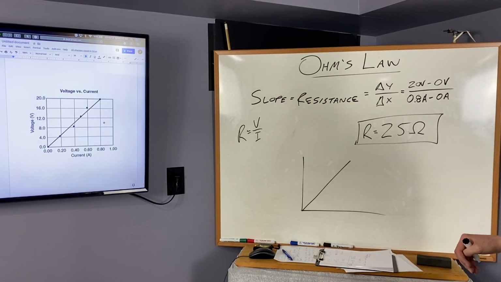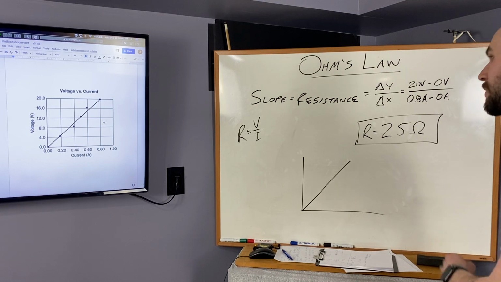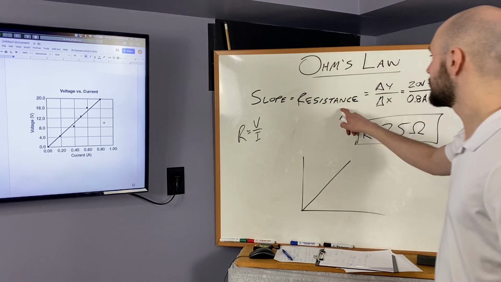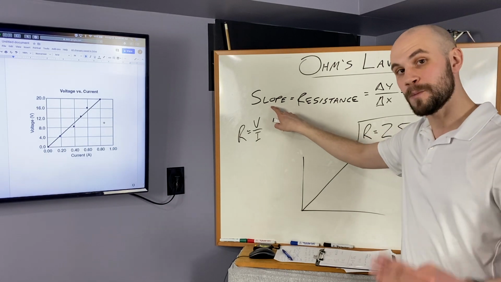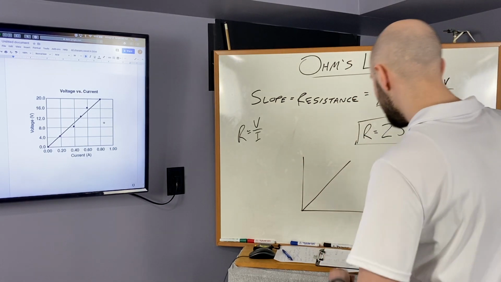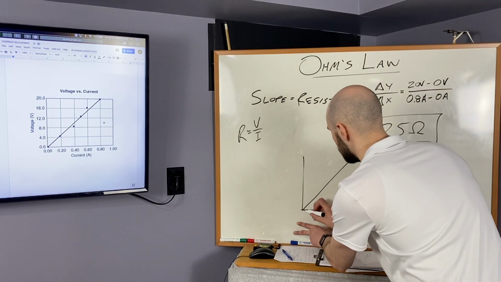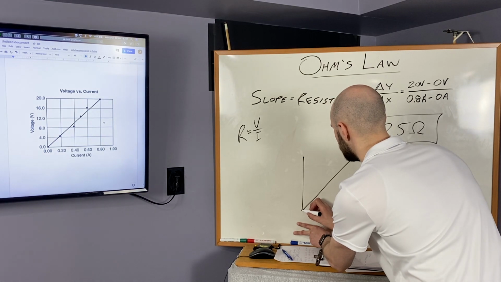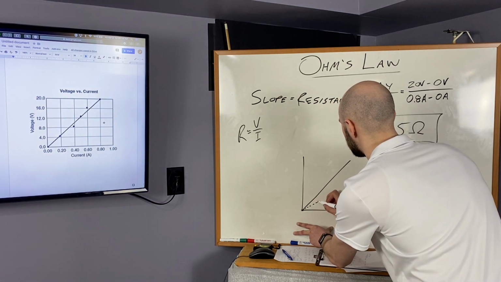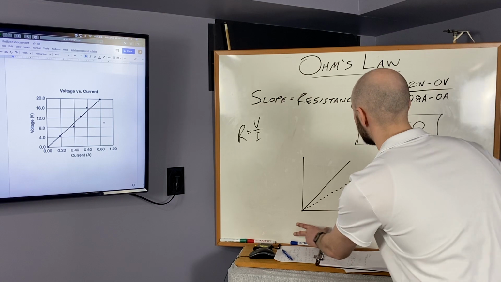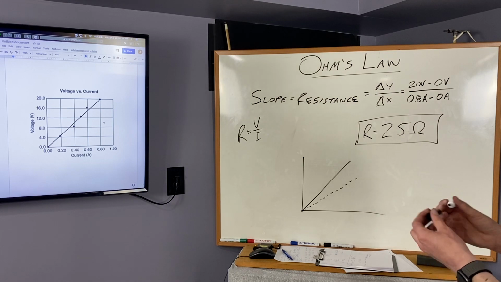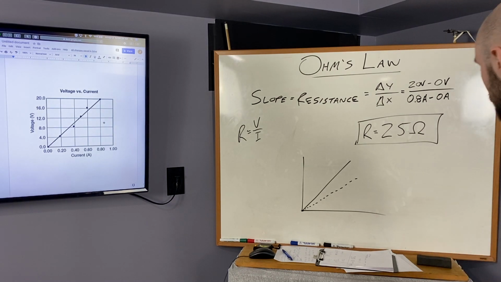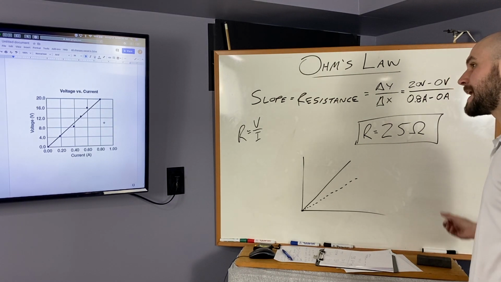If we have a lower resistance, we need to have a lower slope. But if it's still an ohmic element, it still has to be a linear relationship. So this dotted line would be the example of a device with less resistance than the device given up on the board. Okay, and that is it for now.